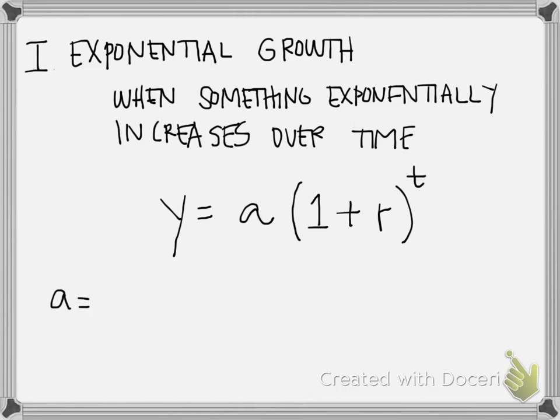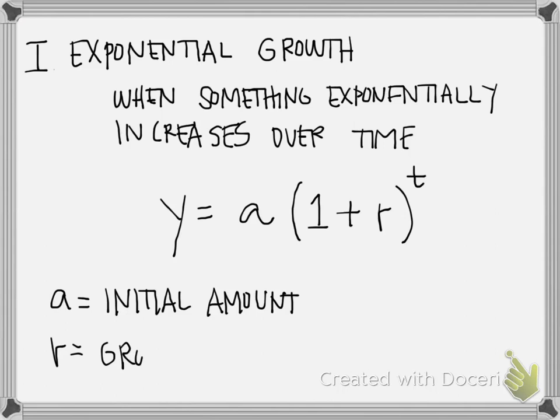Okay, so your A is your initial amount. The R is your growth rate. And your T is your time. Okay, and your time is usually in years.